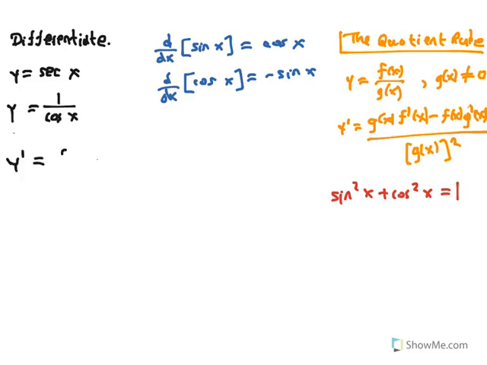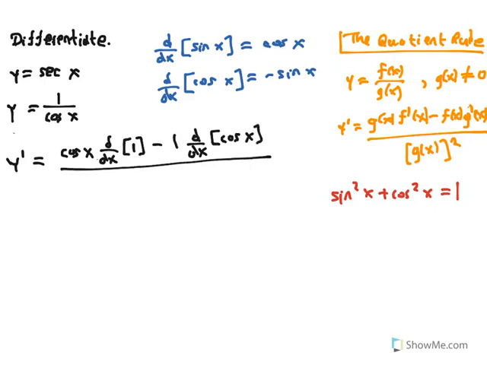So we write the denominator times the derivative of the numerator, minus the numerator times the derivative of the denominator, all over the square of the denominator.